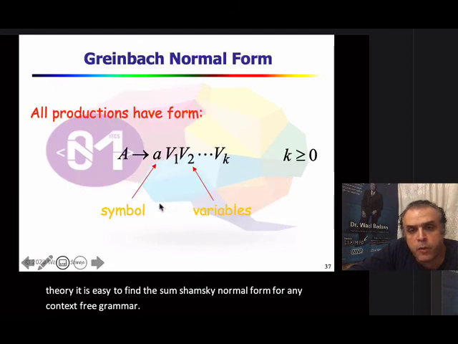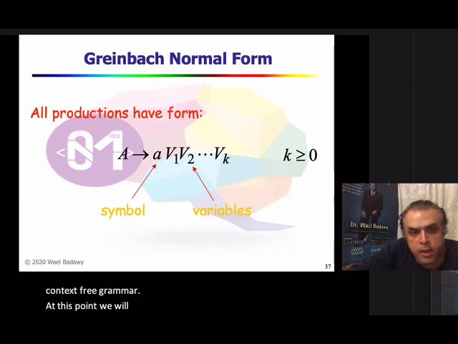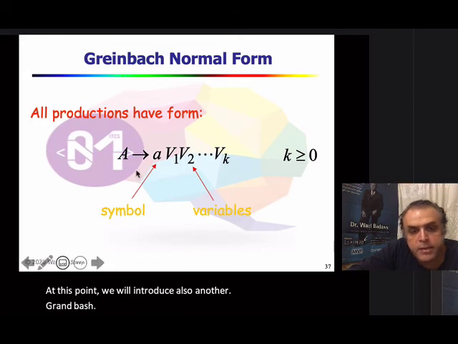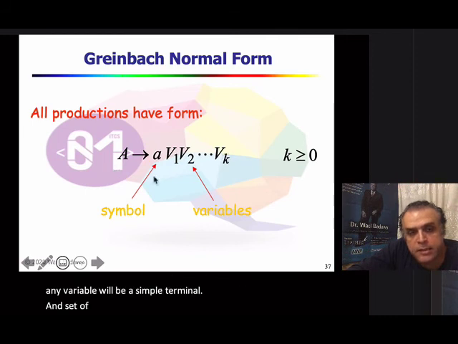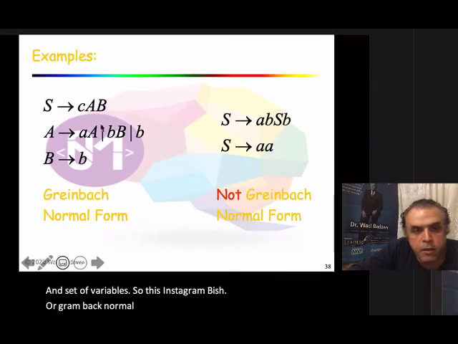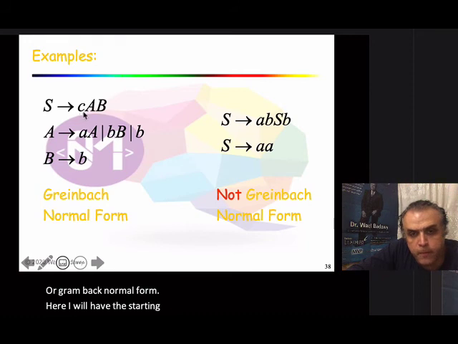At this point, we will introduce another form, the Greibach normal form, where each production leads to a single terminal followed by a set of variables. Here the starting symbol S will lead to a terminal plus two different variables.